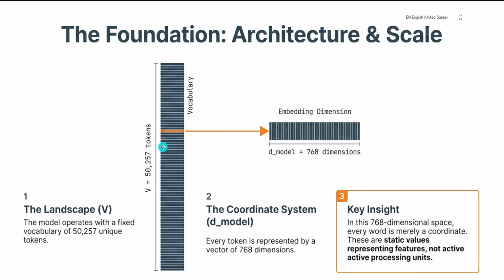After byte pair encoding, we get tokens from that 50,257 vocabulary, which we multiply with a weight matrix that gives us an embedding dimension of 768.